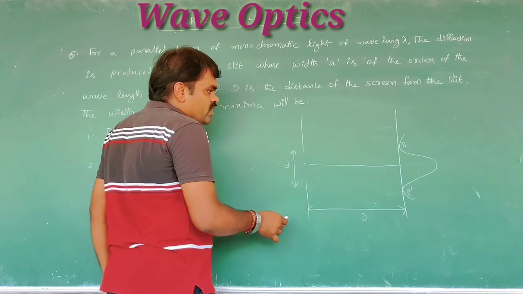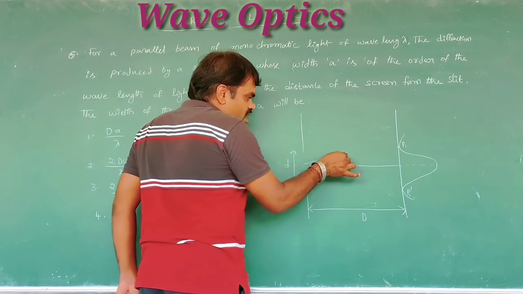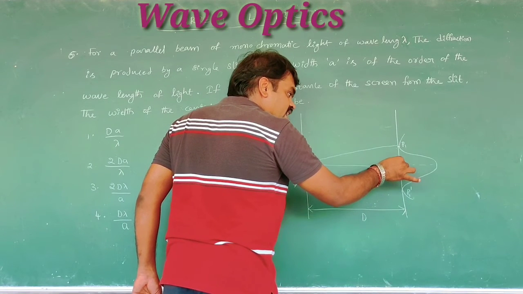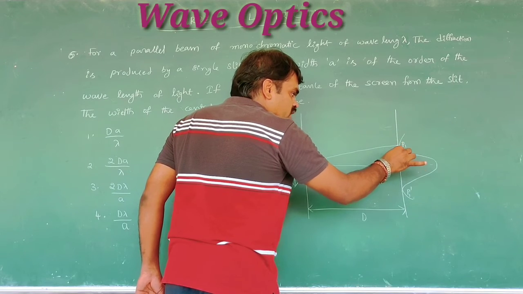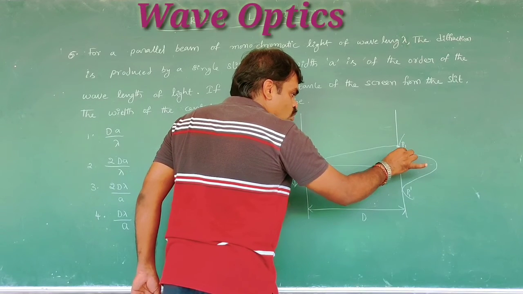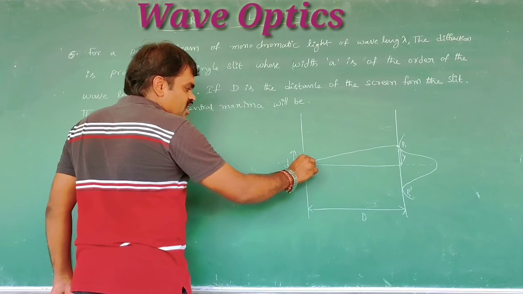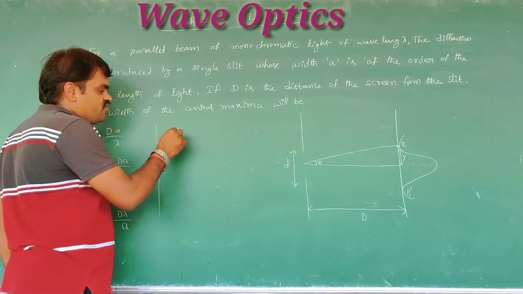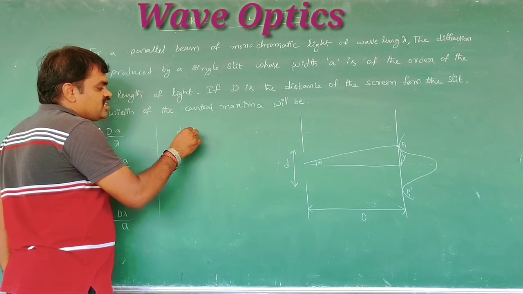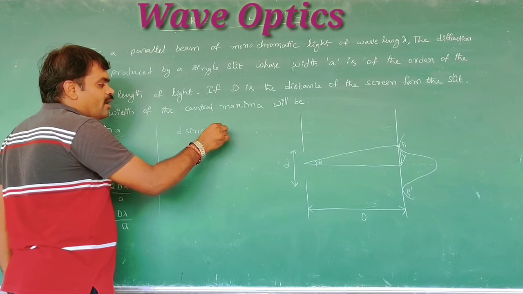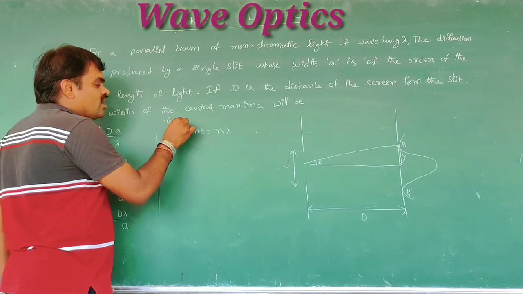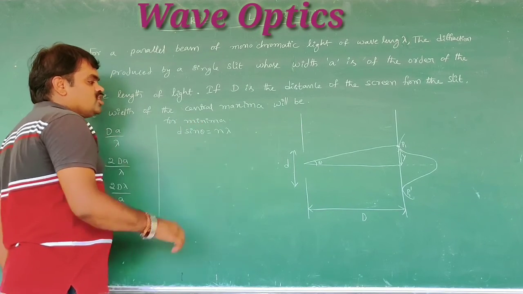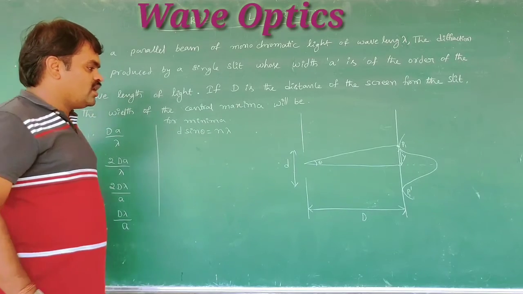The distance from the central maxima to the first minima we consider as y, and the angle is theta. The condition for minima is d sin theta is equal to n lambda.